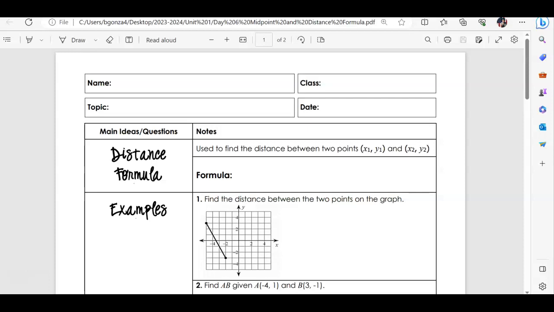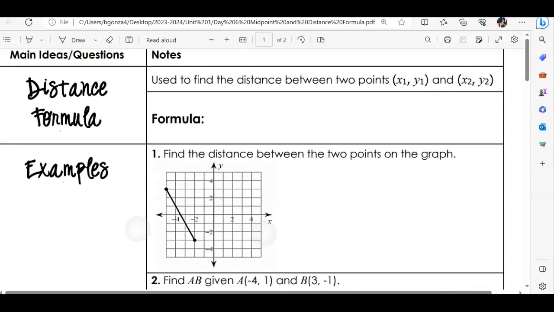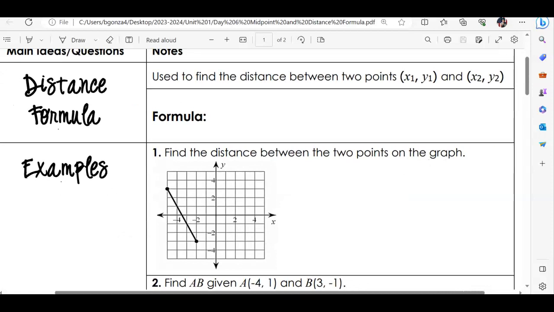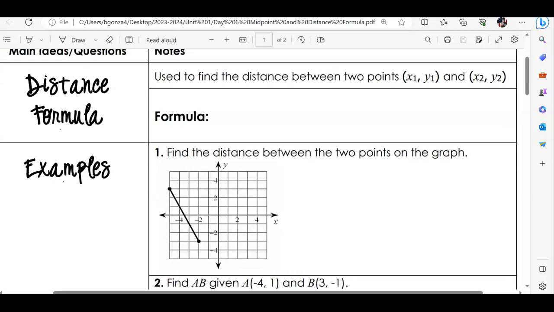Let's talk about distance formula, okay? You got to be able to find the distance between 2 points using a formula, and here it is. Go ahead and write the letter D for distance equals, and then put a very big square root sign, radical, okay?